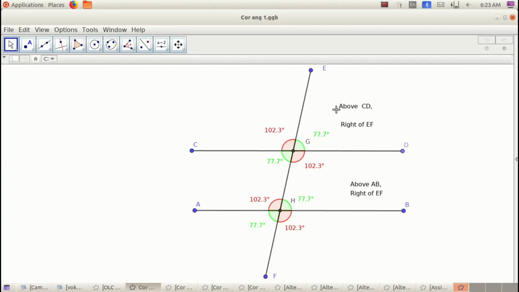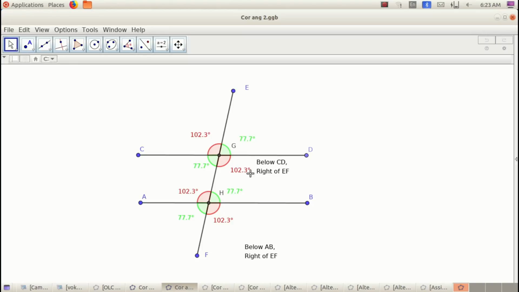What is the similarity seen here? The similarity of this top angle and bottom angle is that their positions are the same. Above, right. Okay. See, next figure.